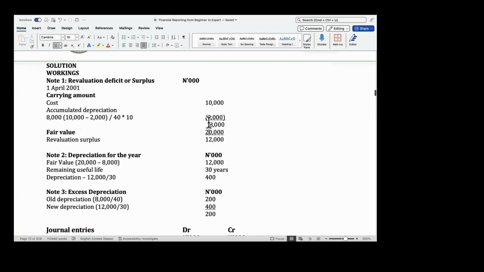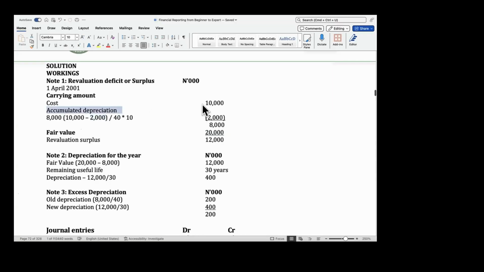Okay, so now let me explain it to you again. Thank God I brought that up. It should be 20 million, not 12 million. Look at it. The only reason I removed the cost of the land is in my calculation of depreciation.